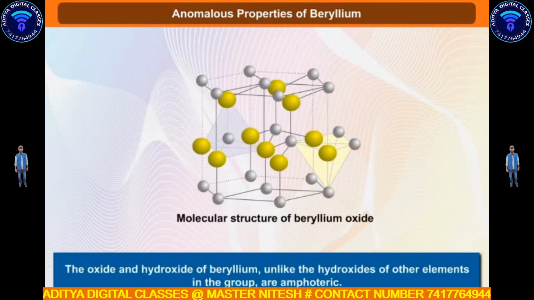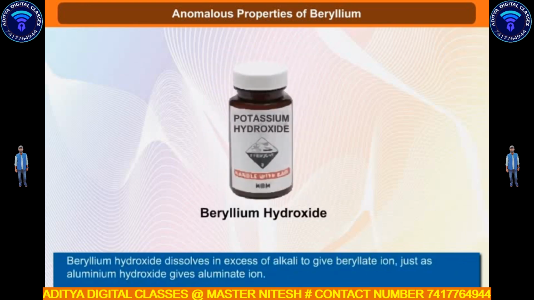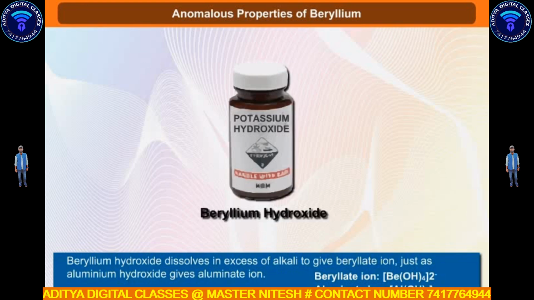The oxide and hydroxide of beryllium, unlike the hydroxides of other elements in the group, are amphoteric. Like aluminium, beryllium is not readily attacked by acids because of the presence of an oxide film on its surface. Beryllium hydroxide dissolves in excess of alkali to give beryllate ion, just as aluminium hydroxide gives aluminate ion.